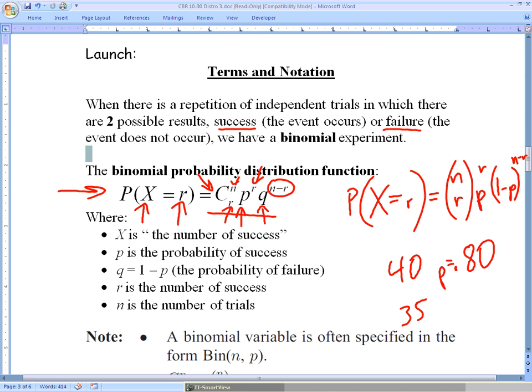So what we would do here is, again, we know it's a binomial distribution because you've got the option of passing or failing. So if I had to set this up, I'll do it in blue.